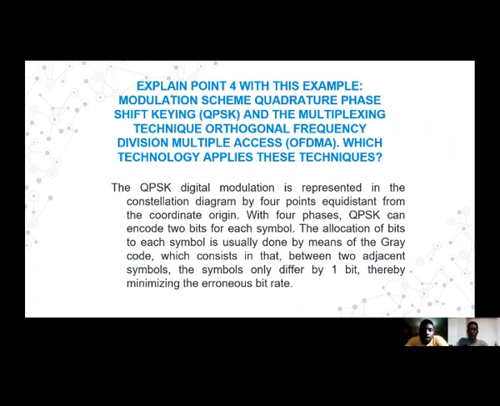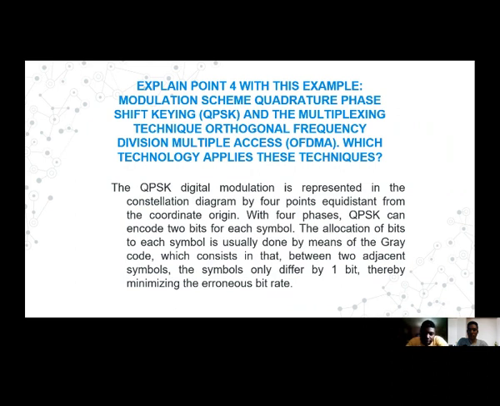The quadrature phase shift keying is a digital modulation represented in the constellation diagram by 4 points equidistant from the coordinate origin.